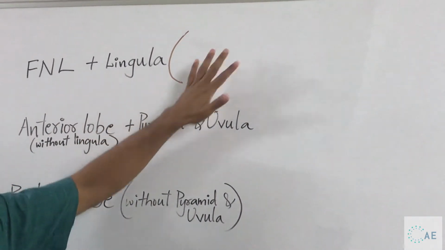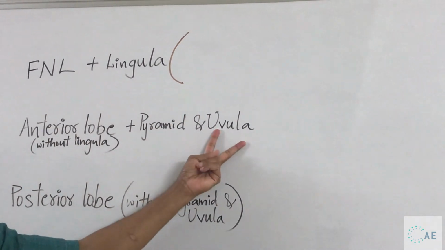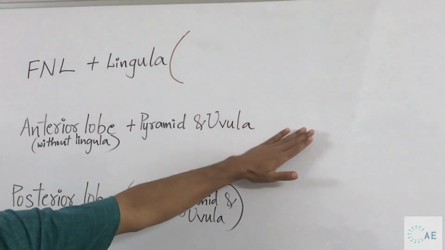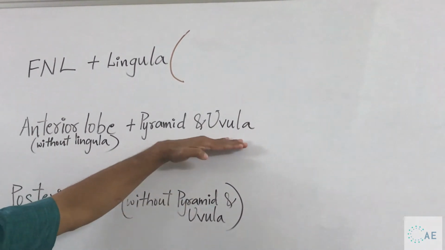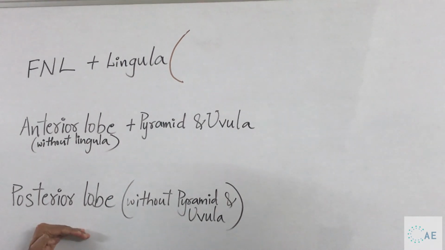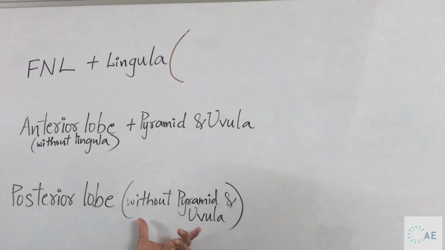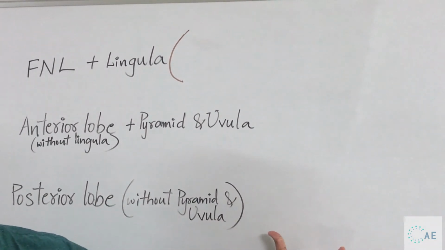Now after the archicerebellum, the next one, the anterior lobe along with the pyramid and uvula, come under the paleocerebellum. And paleo means ancient. And last, the largest subdivision, that is the posterior lobe without pyramid and uvula, that is the neocerebellum. Neo means new.